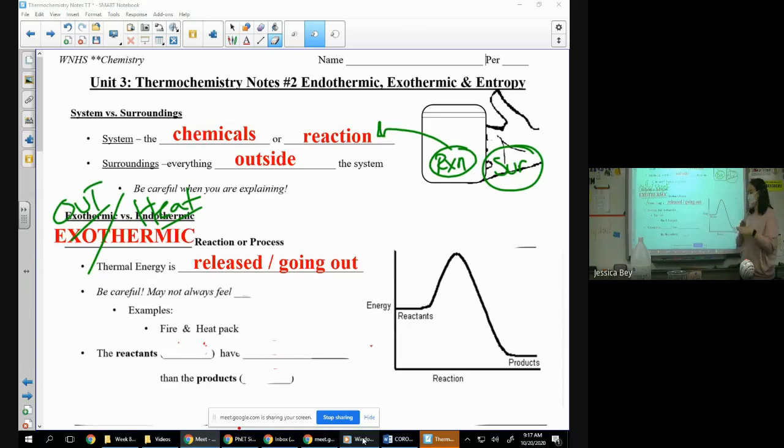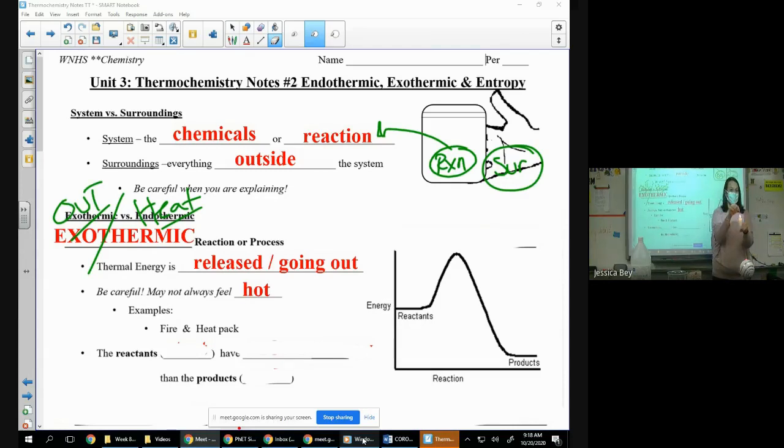I like to point this out, and we're going to give you an example today of where it's not. It may not always feel hot. 9 times out of 10, your surroundings will get hotter, but you can't always say that. So a good example would be a fire. If I put my hand near this candle, I can feel warmth, right?